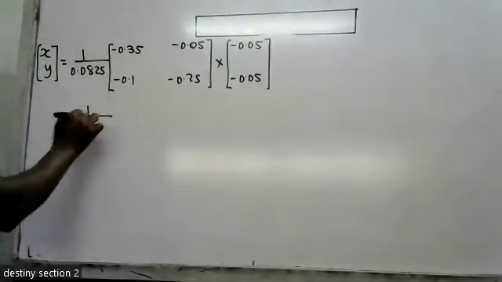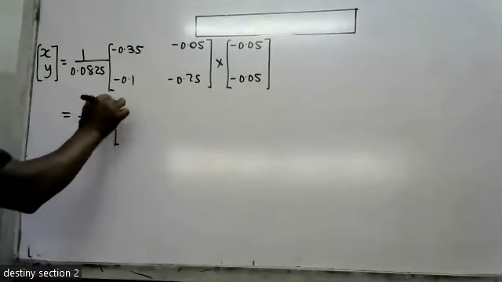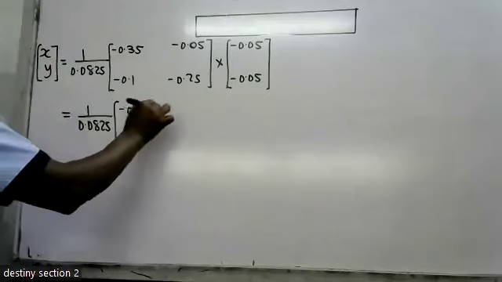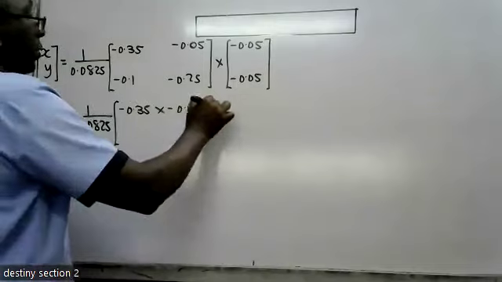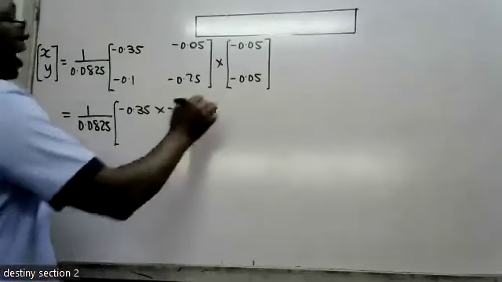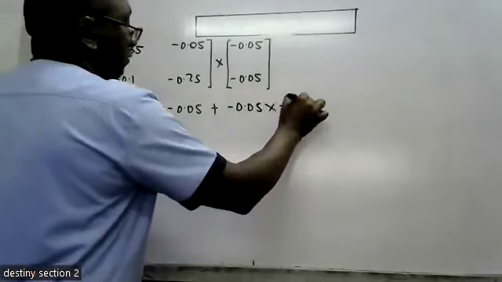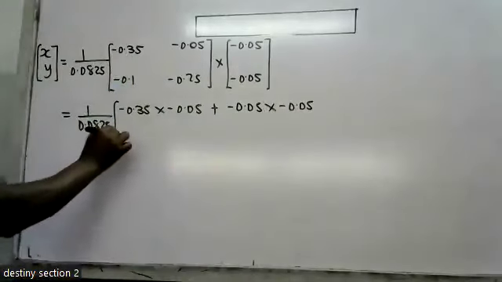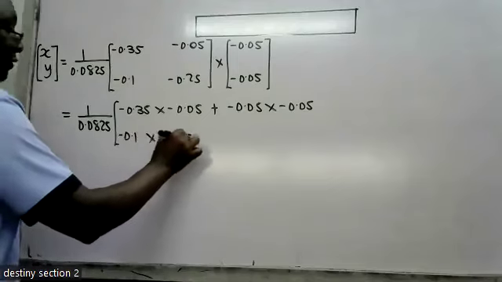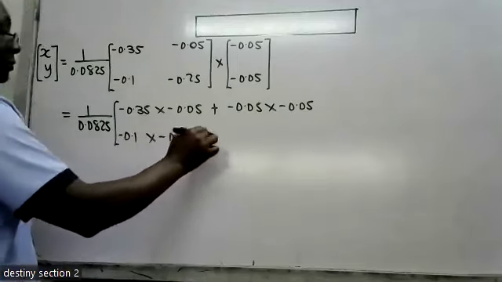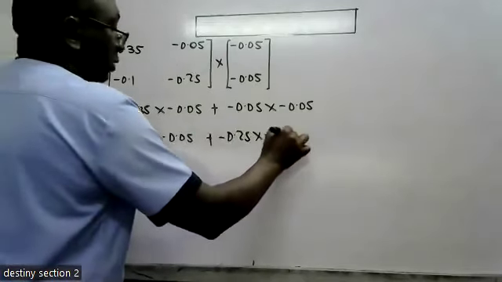So this is 1 out of 0.0825, minus 0.35 times minus 0.05 plus minus 0.05 times minus 0.05. Minus 0.1 multiplied by minus 0.05 plus minus 0.25 multiplied by minus 0.05.